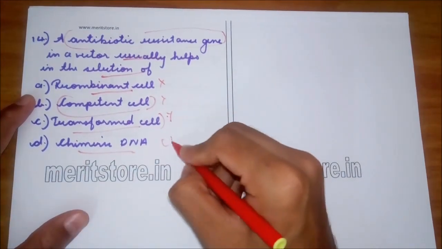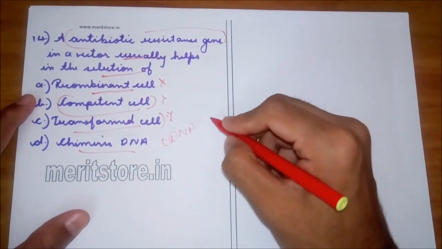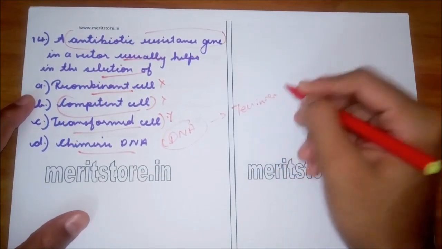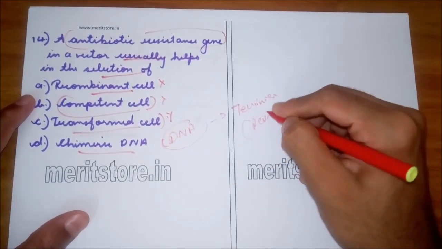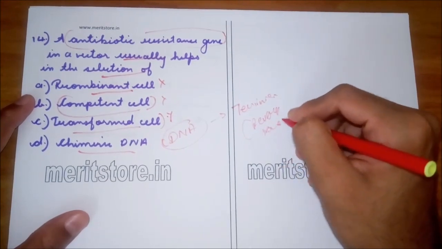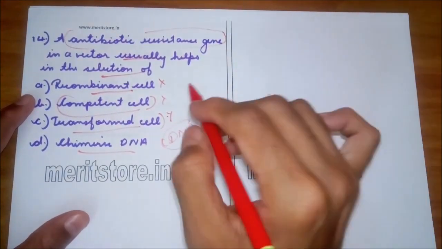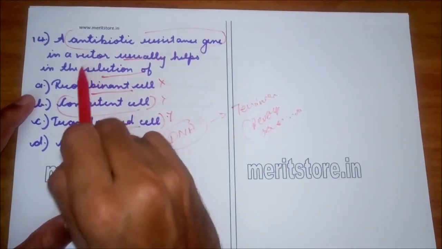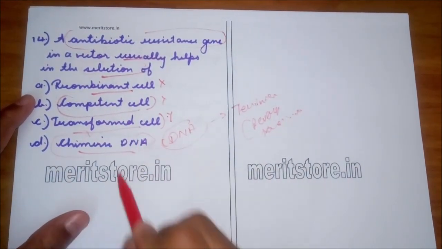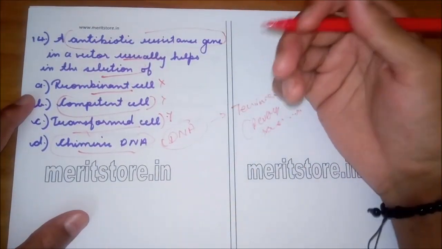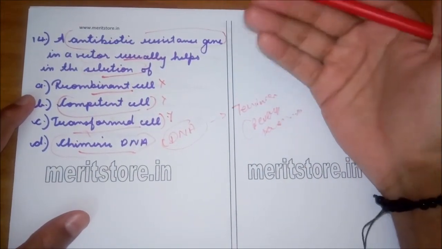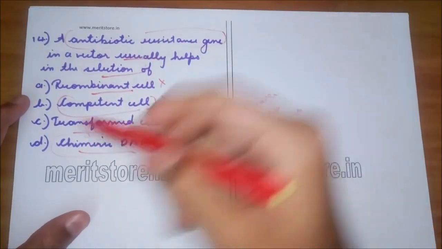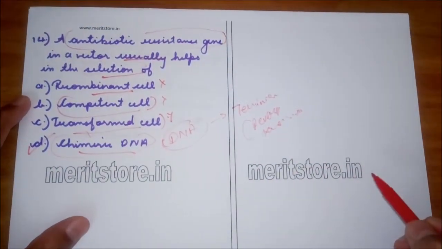Chimeric DNA, also known as cDNA, is obtained by a process known as reverse transcription. An antibiotic resistant vector usually helps in the selection of this DNA. So what kind of DNA do we prefer in a vector? An antibiotic resistant gene. So option D is the correct answer. That is chimeric DNA.